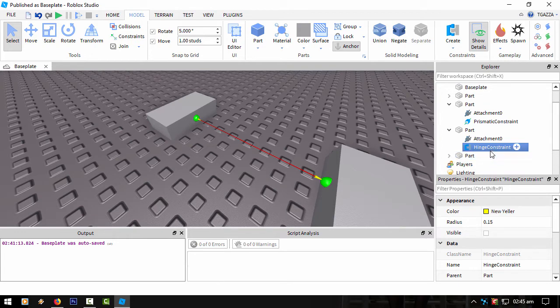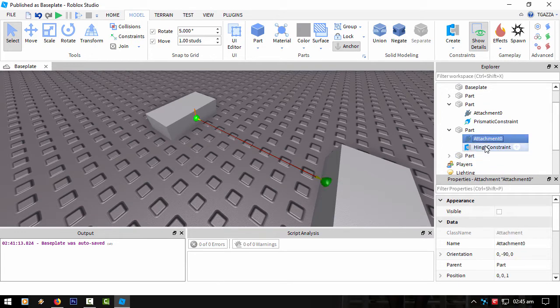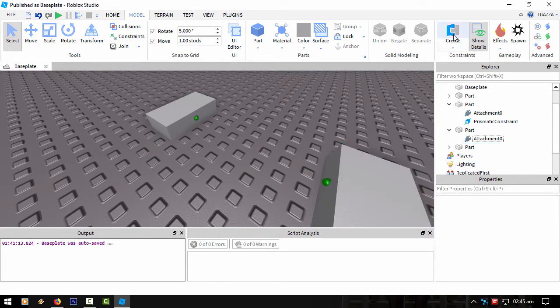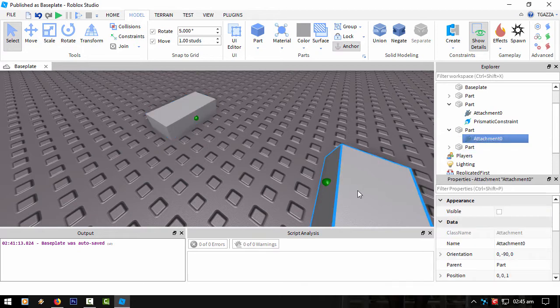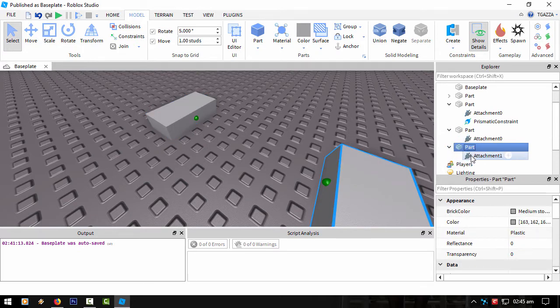Sometimes if you've got an attachment point inside a part without the hinge, you can still use this tool, because we've got no part in there. Hold on, if I cancel that. So in here we've only got an attachment, and in this one we've only got an attachment.